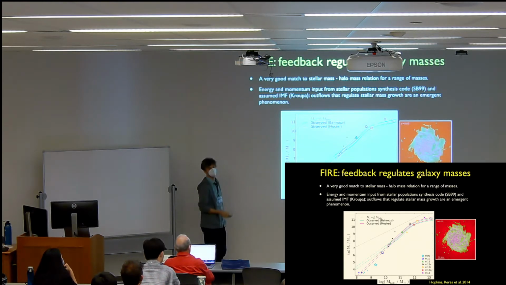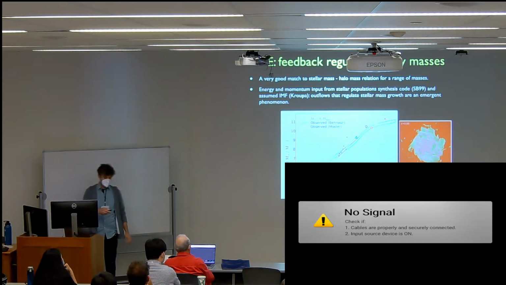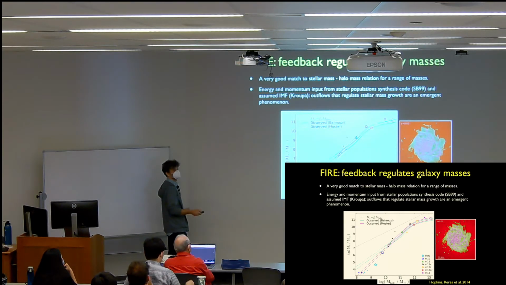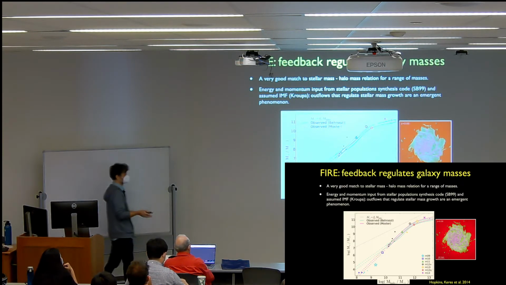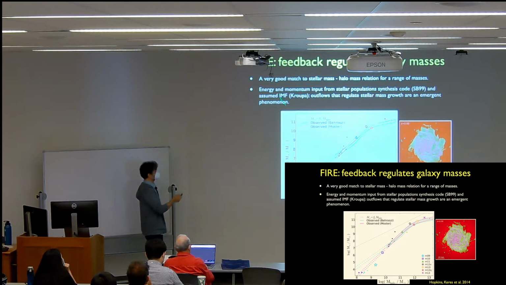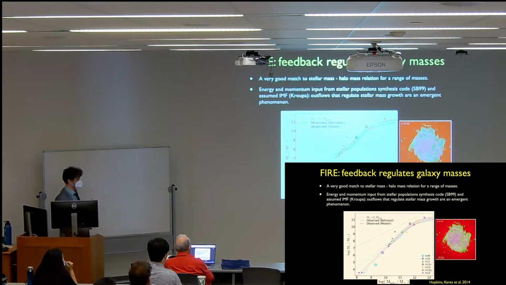And we do it just by careful treatment of energy and momentum from stellar populations and an assumed IMF that comes with it. The reason I'm telling you about this is to motivate that we seem to understand what's going on in galaxy formation, but as you will see, once we add simple modifications to physics, we may actually flip things around in many different aspects.